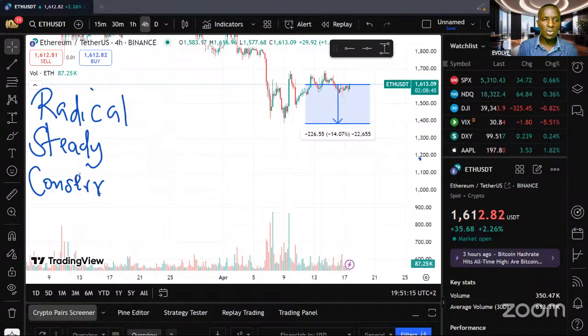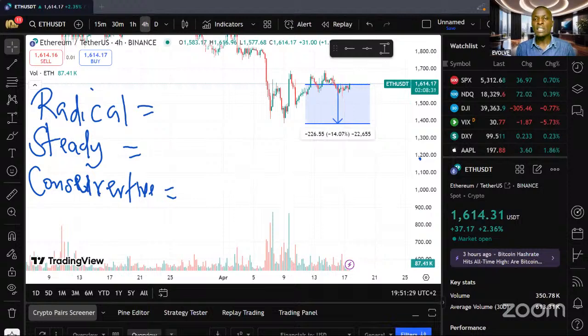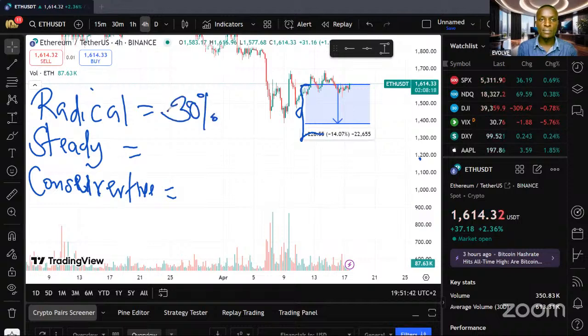Now, if you are going to use radical, it means you are expecting this percentage. If you are going to be radical, you are expecting that percentage not to go beyond negative 30%. And if you are going in with steady, it means you are looking at this coin not to go beyond negative 45%.